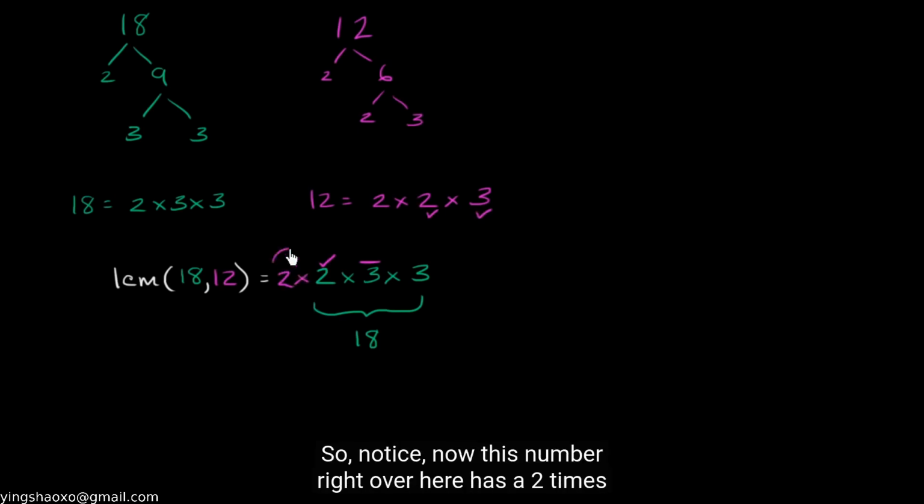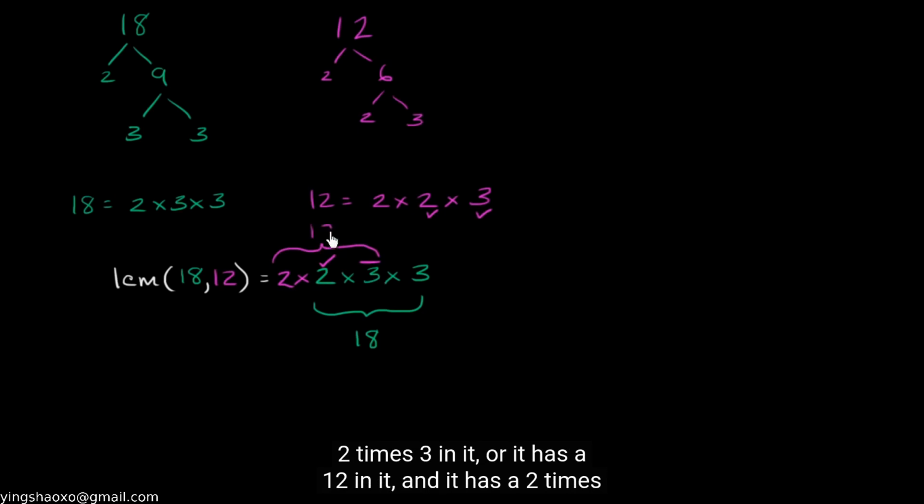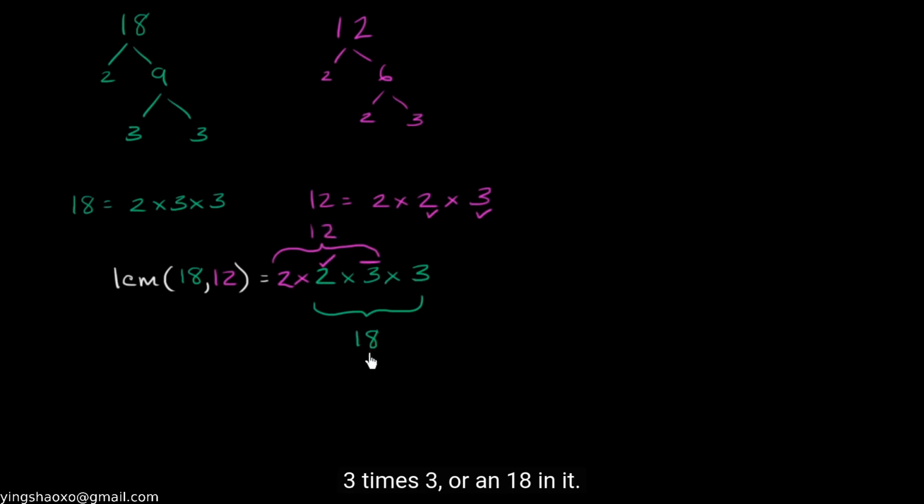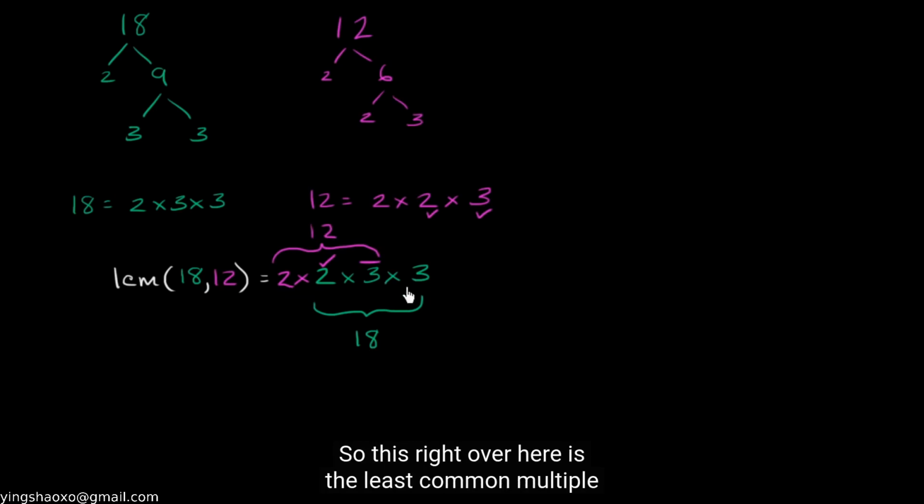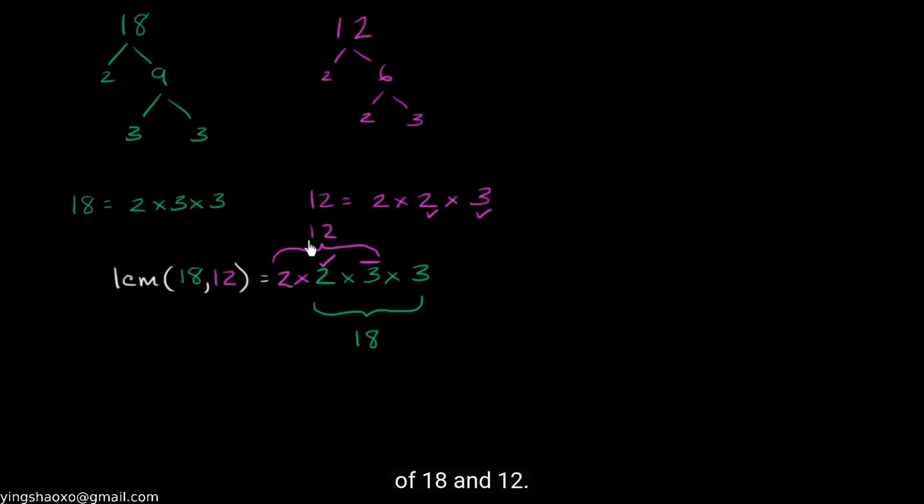Now this number has a 2 times 2 times 3, or a 12 in it, and it has a 2 times 3 times 3, or an 18 in it. So this is the least common multiple of 18 and 12. If we multiply it out, 2 times 2 is 4, 4 times 3 is 12, 12 times 3 is 36. And we are done.